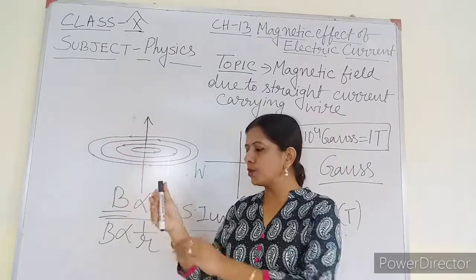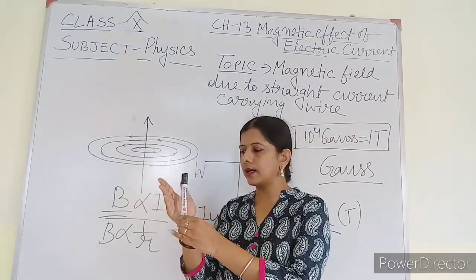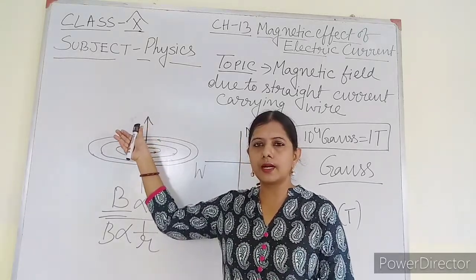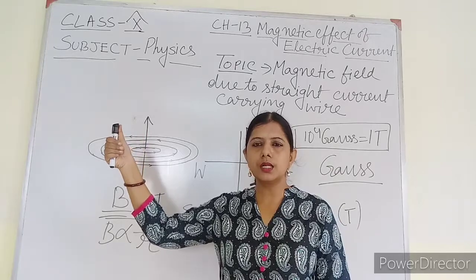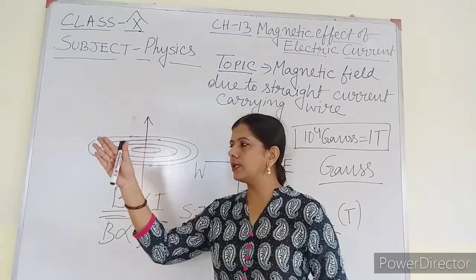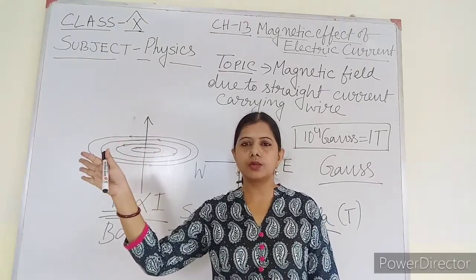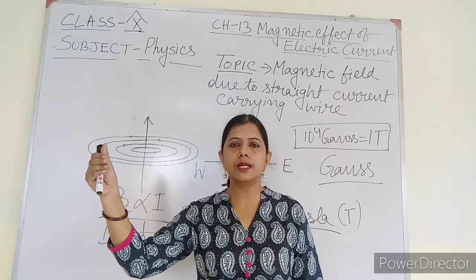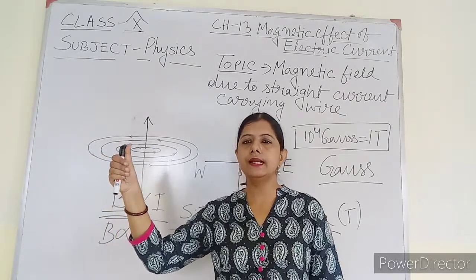Suppose this is straight current carrying conductor, the thumb is pointing towards the direction of current. Now I have to curl my finger. The finger is curling in which direction, that I have to find out. The direction of curling the finger will show me the direction of magnetic field lines.